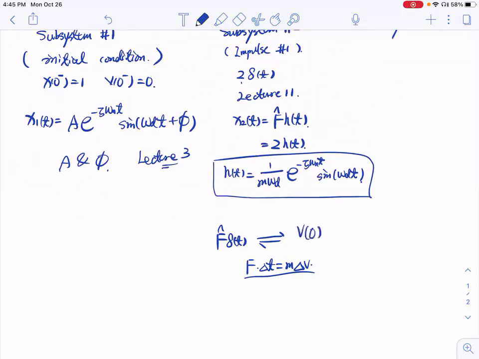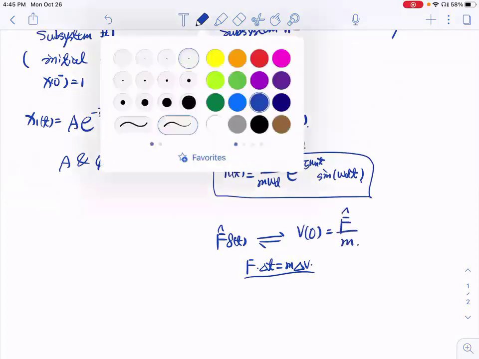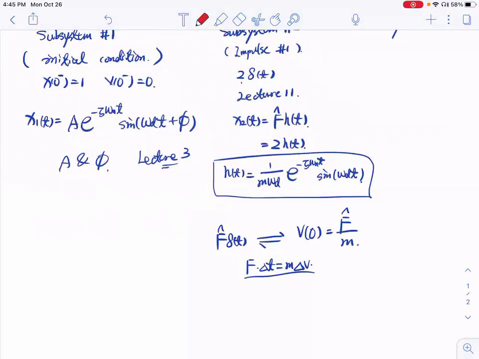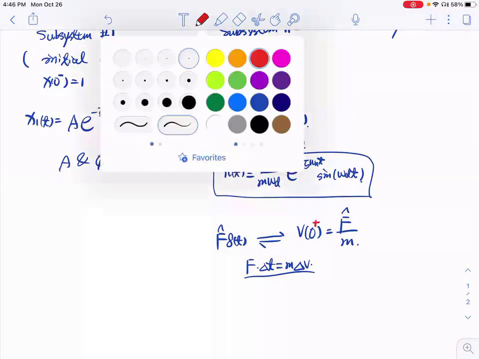That means your v naught is F hat over m. But just remember that this v naught is not the same v naught we mentioned in subsystem number 1. This is actually v naught plus.